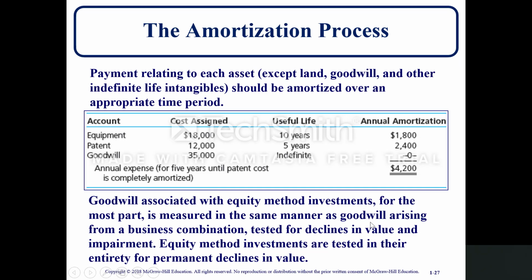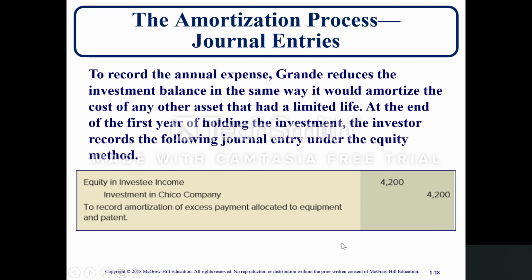Goodwill associated with equity method investments, for the most part, is measured in the same manner as goodwill arising from a business combination. Tested for declines in value and impairment, equity method investments are tested in their entirety for permanent declines in value. So the amortization process, the journal entries. To record the annual expense for the difference in the excess, Grande reduces the investment balance in the same way it would amortize the cost of any other asset that had a limited life.